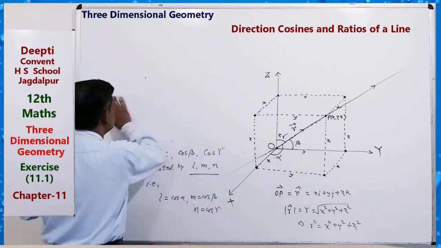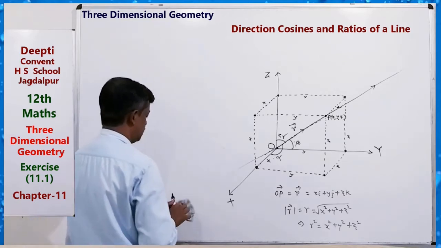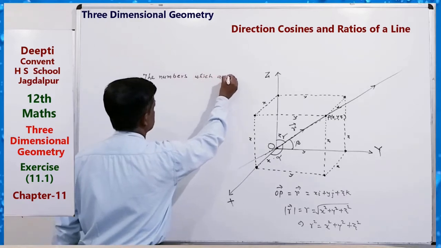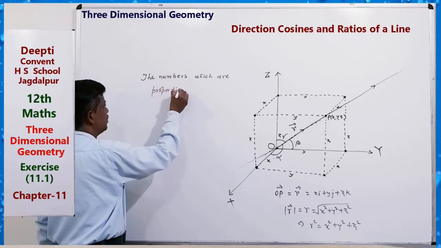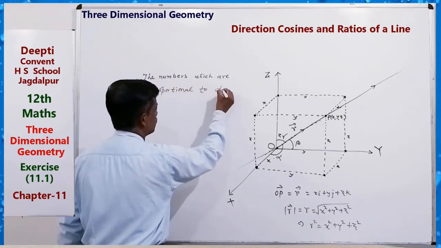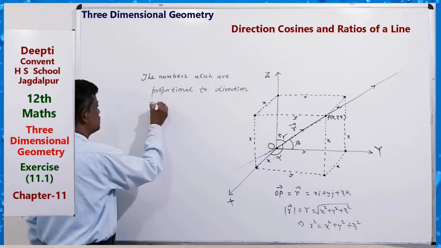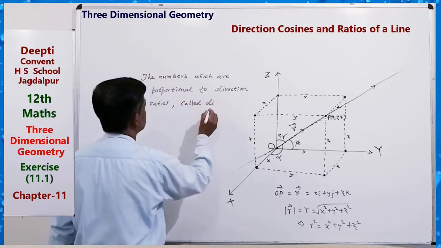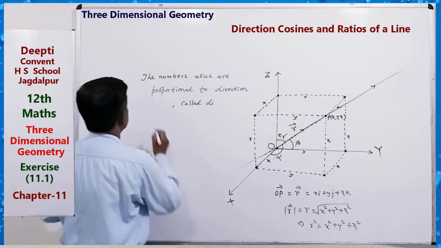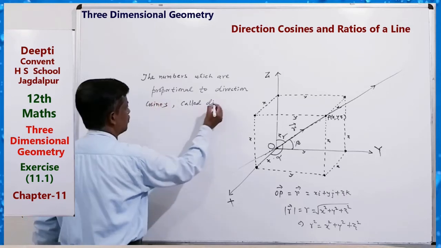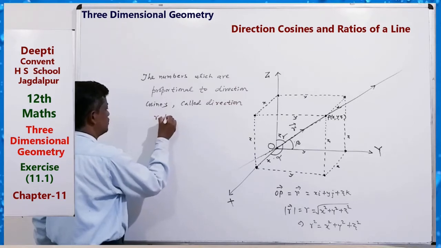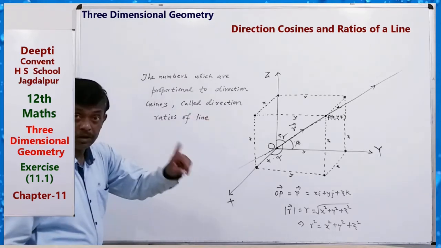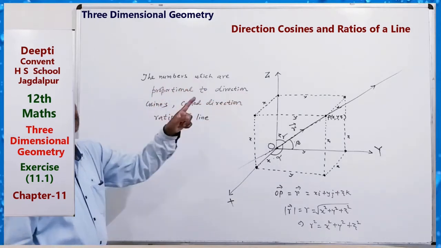Numbers which are proportional to direction cosines are called direction ratios.